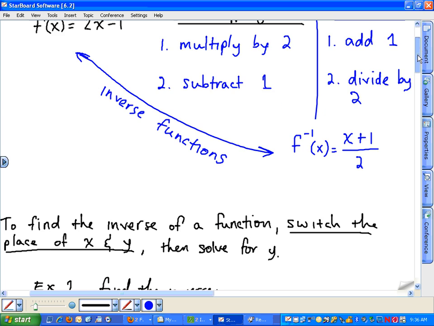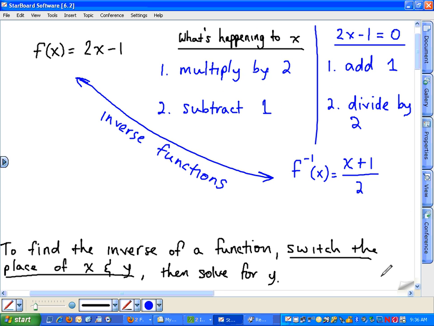Write this phrase down. And honestly, most students get good enough at this that you just look at the function and automatically know what the inverse is going to be. Because it is kind of a simple thing we're doing here.